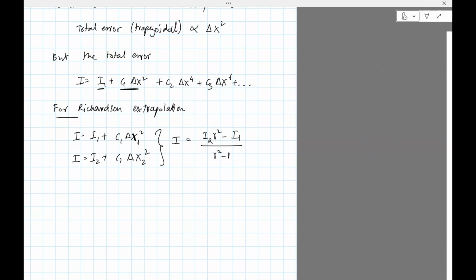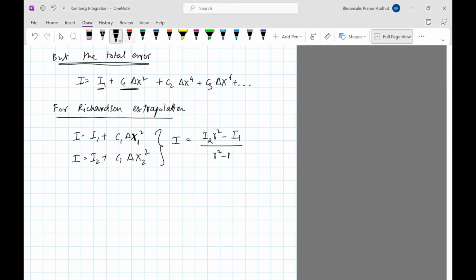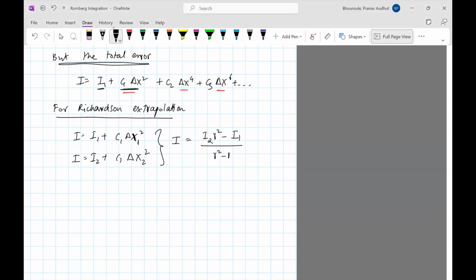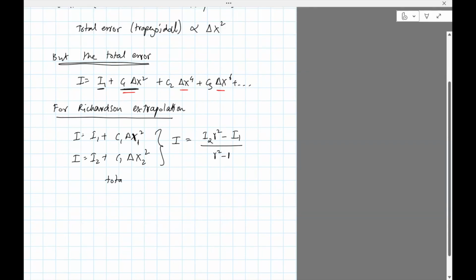This is what we did for Richardson, but we know that the total error has these higher order terms. We have not only this, which we took in Richardson, we also have delta x to 4, delta x to 6. So the total error after using Richardson, I is proportional to delta x raised to 4, which is not surprising because this is the term we ignored.